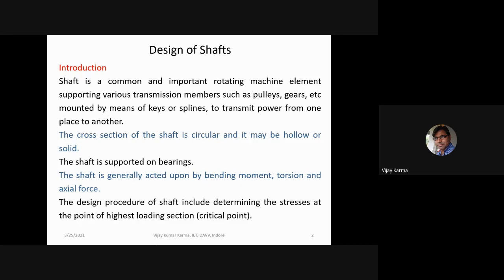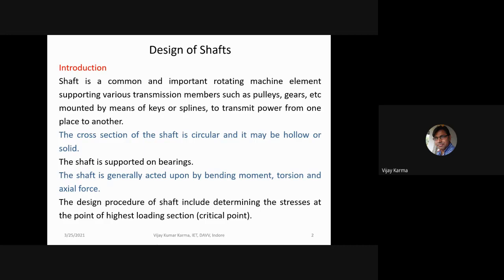So what is included in the design procedure? The procedure is we have to determine the stresses at the point of highest loading section. That is the critical point. Means we have to determine the critical point of the shaft, since the shaft supports the various power transmission elements.